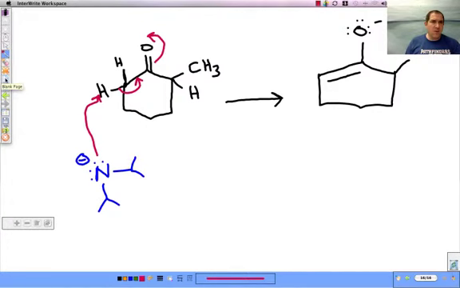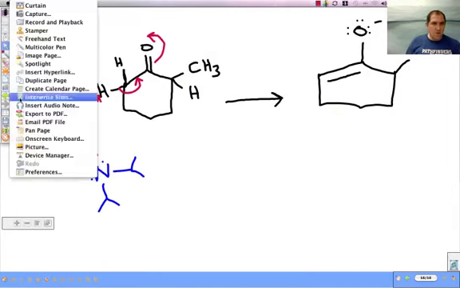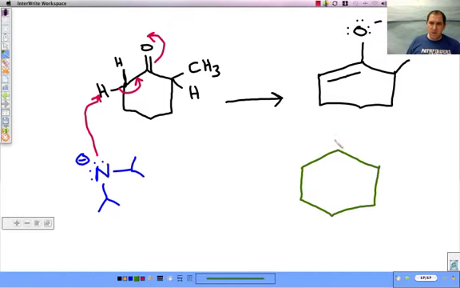But how do we get to, let's say, thermodynamic control? So I'm going to grab this and put in a duplicate page. That should do it. This would still form really fast, but what happens under thermodynamic control, because you have excess ketone, is that this is going to bump into more of your ketone.